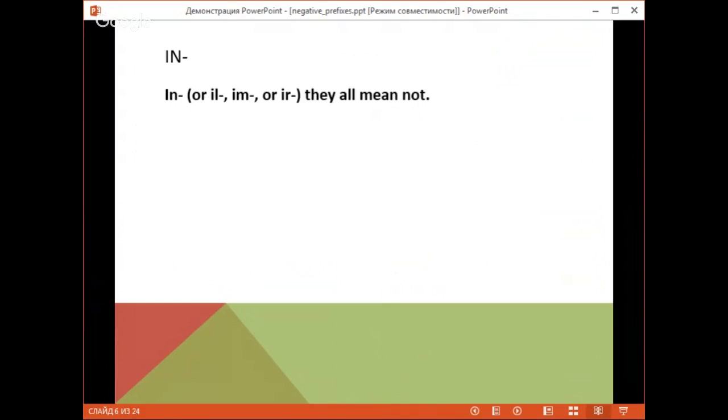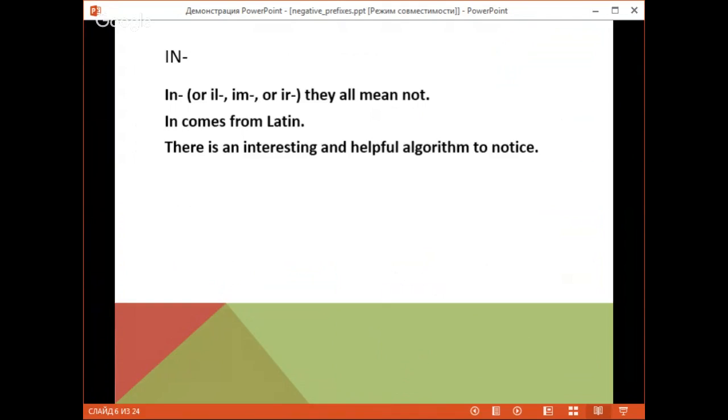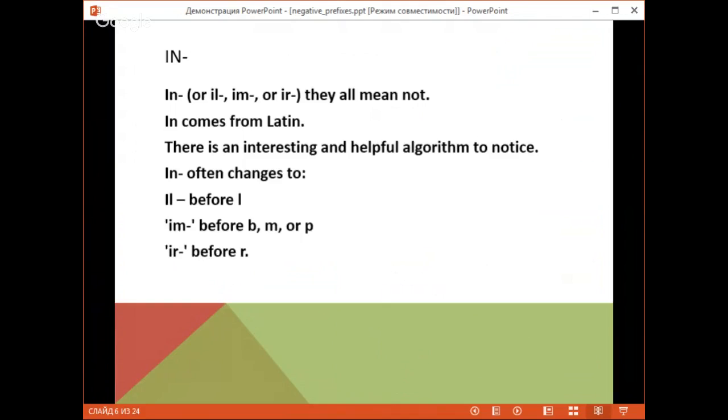In, or variations of this prefix, il, im, ir, they all mean not. This prefix comes from Latin, and there is an interesting and helpful algorithm to notice. In often changes into il before l, into im before b, m, or p, and into ir before r.